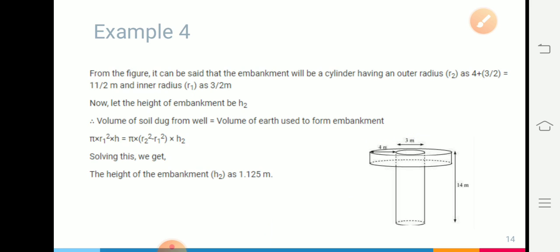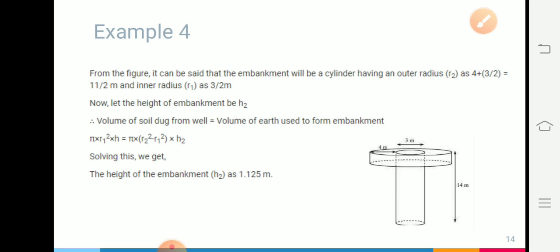So as you can see from the figure, the embankment is also a cylinder which has an outer radius. You can term it as R2, which will be 4 plus the inner radius, which is 3 by 2. So the outer radius is 4 plus 3 by 2, which is 11 by 2 meter, and the inner radius is 3 by 2.